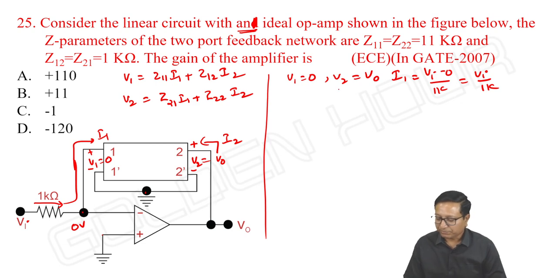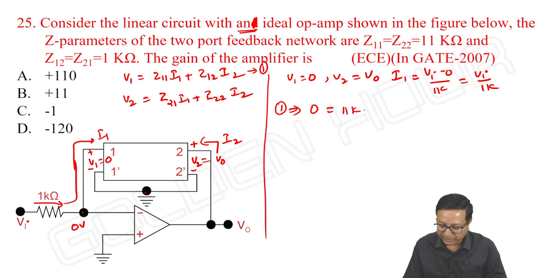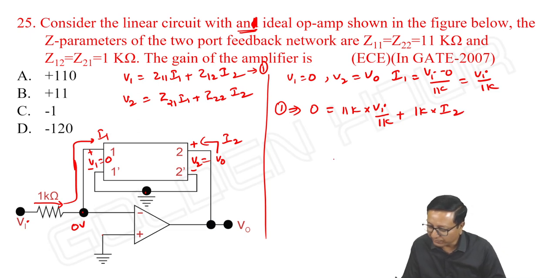Okay, so this is what we can take. What we need to find is V output by VI from this. Let us take equation 1. Equation 1 implies V1 is 0, equals Z11, which is 11 kilo ohm, into I1, which is VI by 1 kilo ohm, plus Z12, which is 1 kilo ohm, into I2. So kilo and kilo cancel.